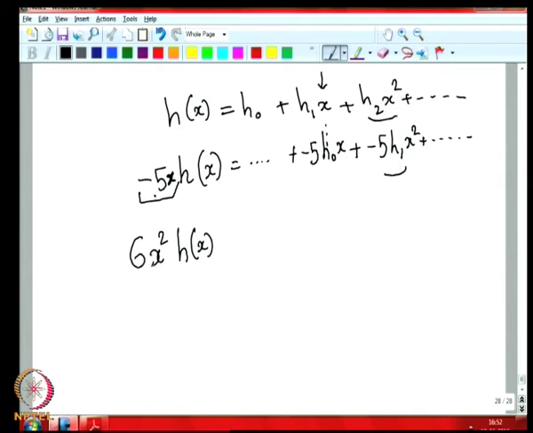Here the first term itself will contain x square, therefore I will put a gap all the way up to here, and here I start with 6 into h0 into x square, plus the next term will be 6 into h1 into x cube, and like that it will keep on going.